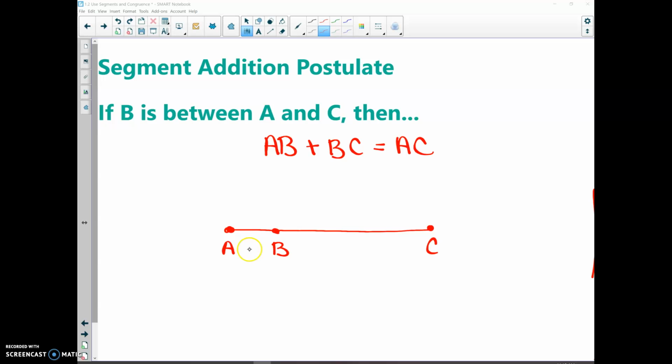So that means you can add the distance from A to B and B to C and say that that distance equals AC.